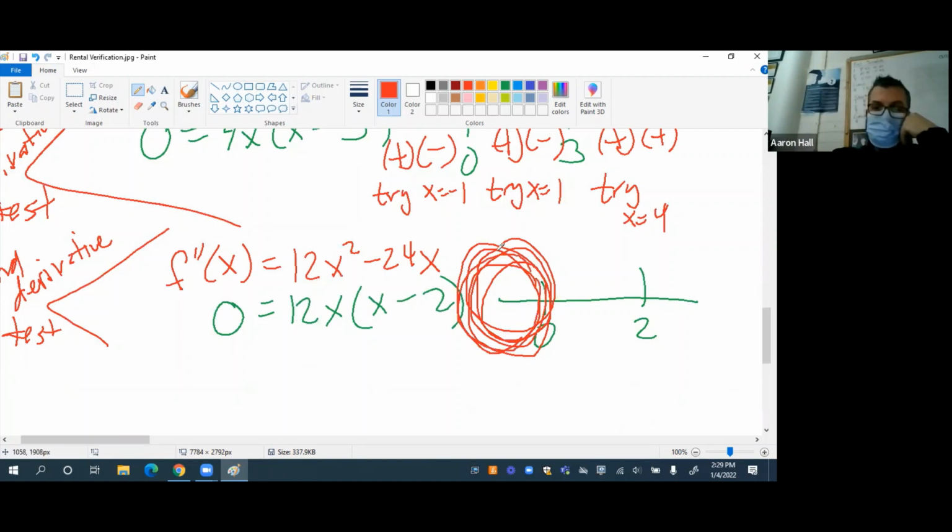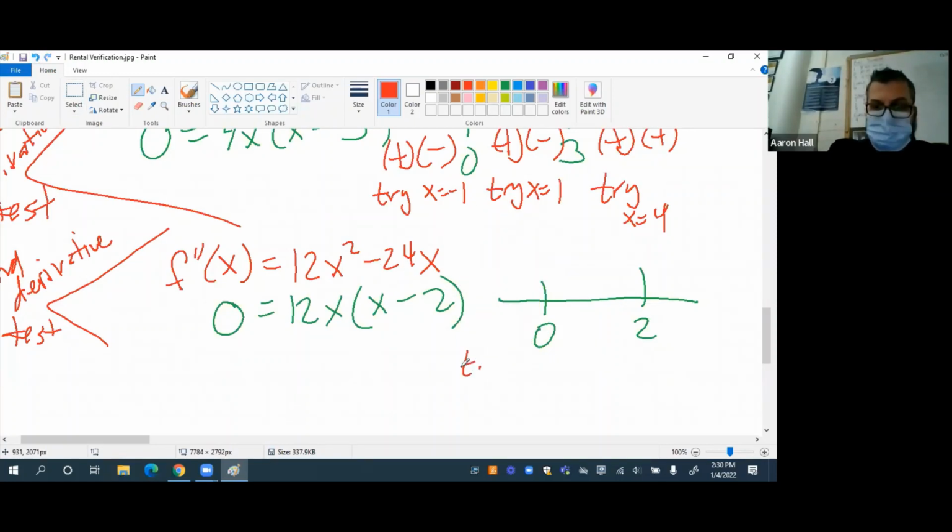How do I figure out what's going on over here? Plug in a value less than 0. What's a value less than 0? -1. So try x equals -1. I plug that into here. Is that positive or negative? Negative. And if I plug that into here, negative, what's a negative times a negative?